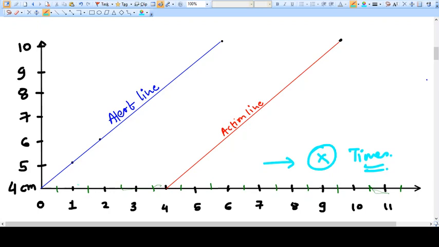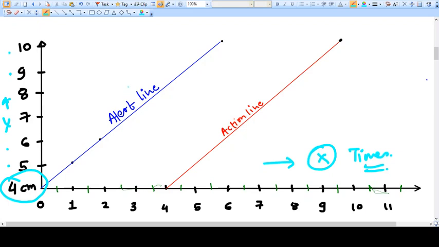Now on the y-axis we have put cervical dilatation in centimeters. We all know that we start the partogram at active labor at 4 centimeters, so it starts with 4 centimeters itself: 4, 5, 6, 7, 8, 9, 10, and 10 centimeters is full dilatation.